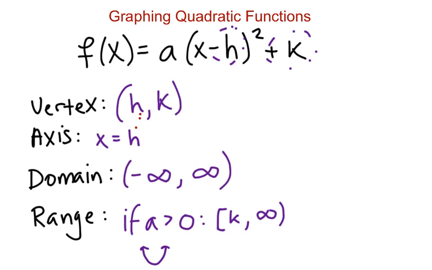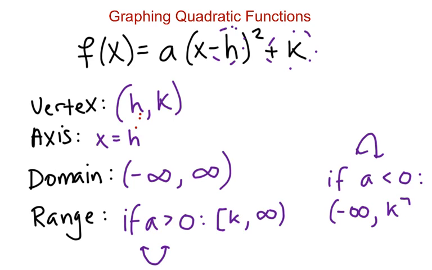And that k is really just the y value of the vertex. In contrast, if a is less than 0, our graph is facing down, and the range would be from negative infinity to k. That might be a little bit confusing, but we'll look at an example to clarify. So this is the vertex form.